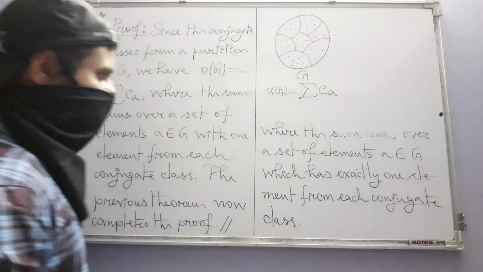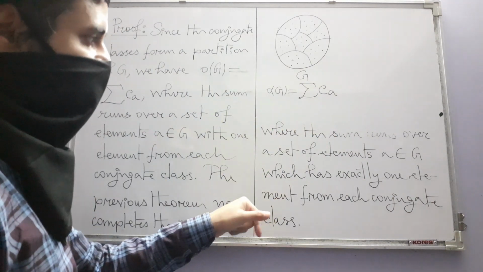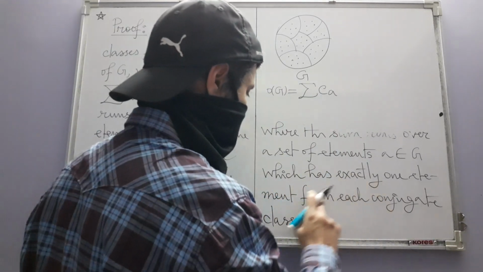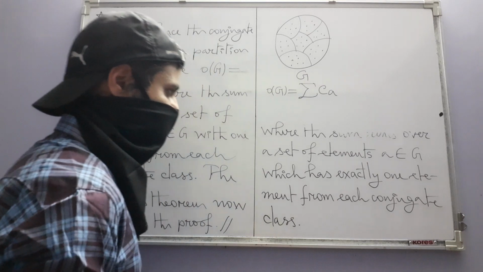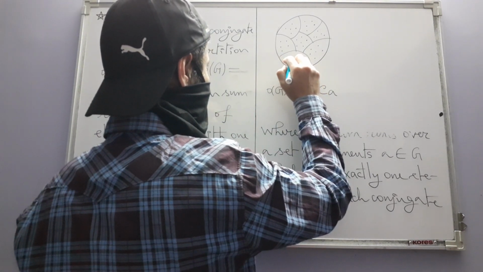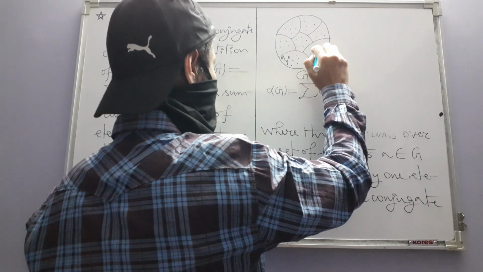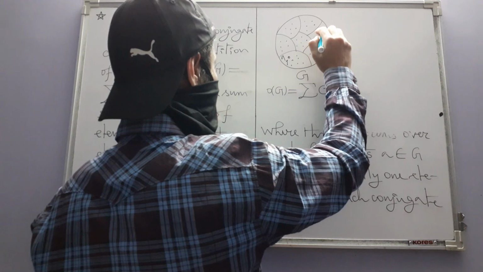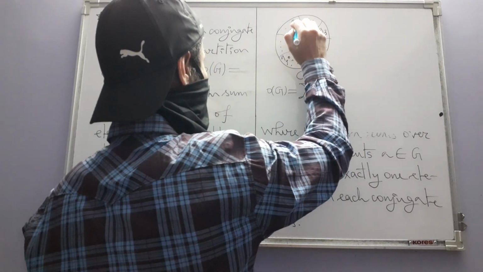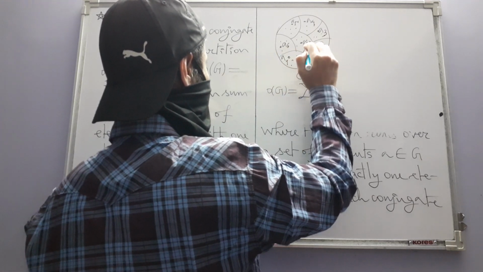So that's why we say that the sum varies over a set of elements A in G, which has exactly one element from each conjugate class. Each apartment has some representative, say someone A1. Here you have A2. Here you have A3, A4, A5, A6, A7.